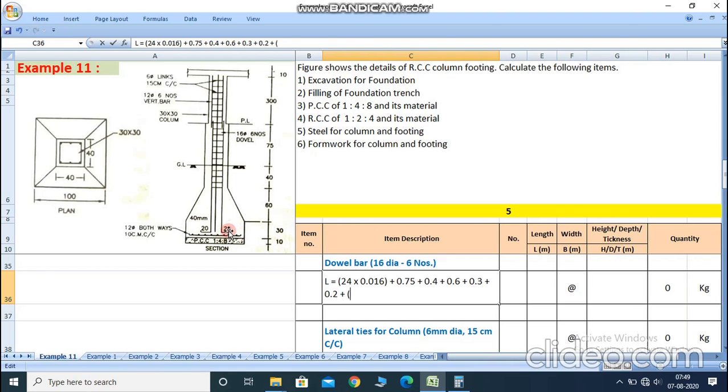A single side hook is provided, so 9 multiplied by the diameter of the bar. The dowel bar is 16 mm diameter, so 0.016, it's the dowel bar hook. Minus cover. Here the bottom cover we take is 0.05, means 5 centimeter cover is provided, so minus 0.05, minus 2 times the diameter of the both-way bars, so 12 mm diameter bar, so 2 multiplied by 0.012.